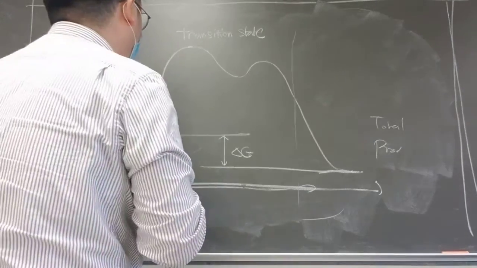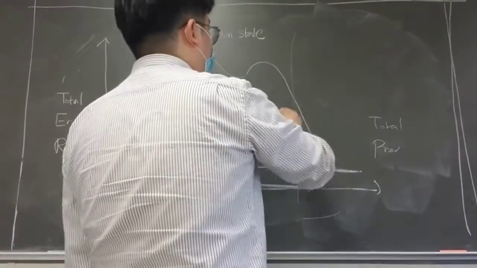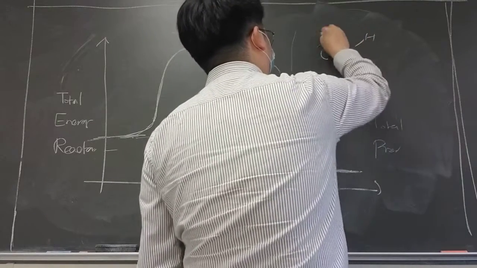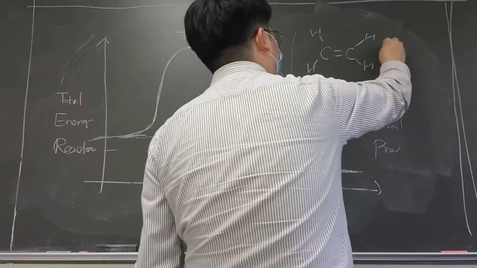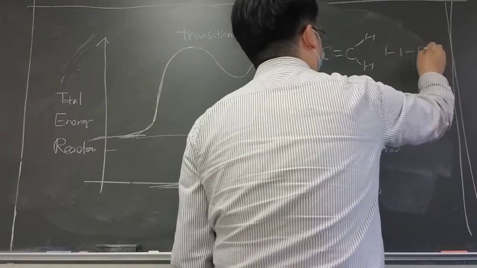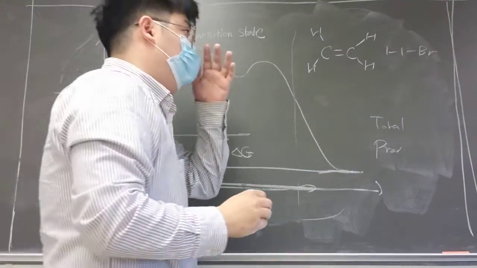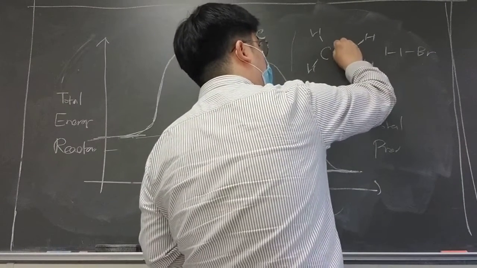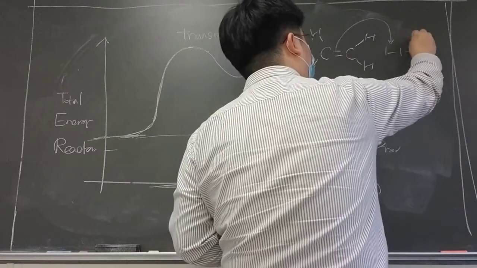So this is an example of what we did. Okay, you guys remember this, right? The electrons in the pi bond will take this one here.